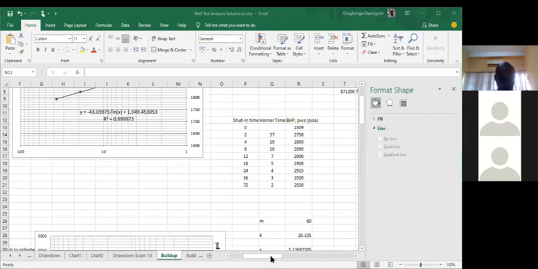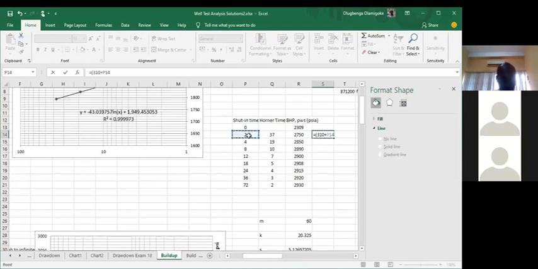So I can calculate it on my sheet. Let's put the bracket so that we don't mess it up: TP is 310 plus the shortening time, close the bracket, divided by the shortening time.